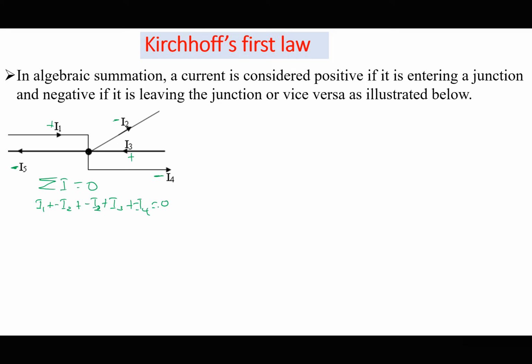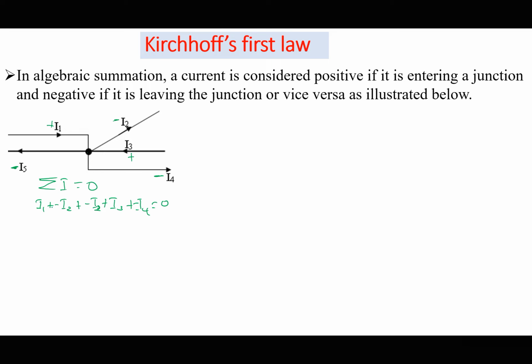That is the algebraic sum. The algebraic sum of all currents at a junction should be 0. You must consider currents into the junction maybe positive, out of the junction negative, or the other way around. You can consider currents out of the junction to be positive and those into the junction to be negative. After all, the algebraic sum will still be equal to 0.